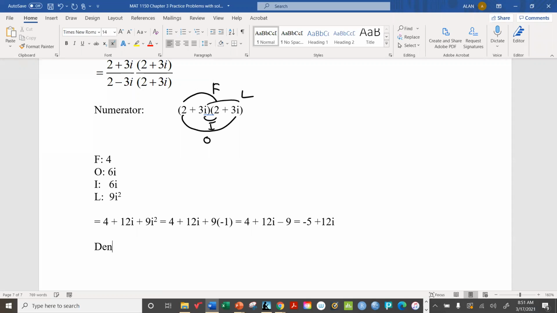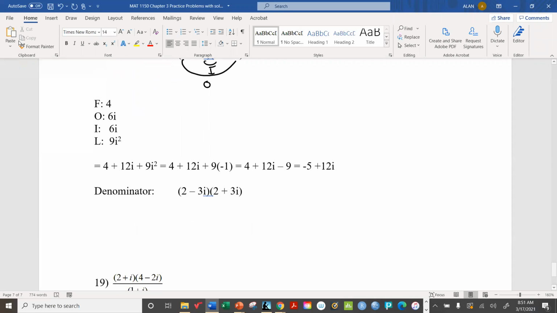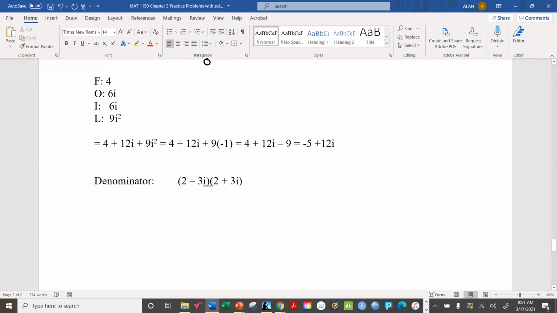The denominator is the one that should be simplified. 2 minus 3i, 2 plus 3i. All right, and we'll see how that works. F O I L. All right, let's see what we get.